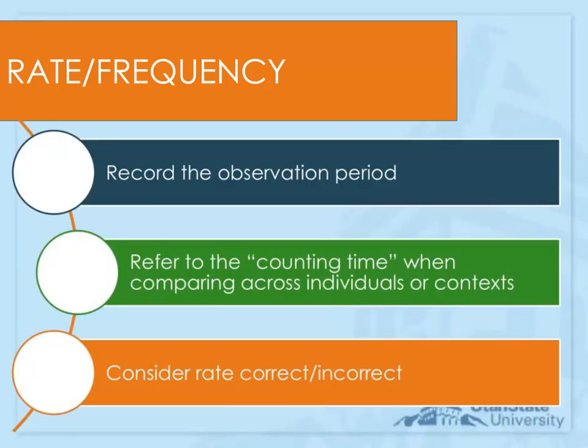So always be sure to record the observation period or time spent collecting data. Refer to this as counting time when comparing across individuals or environments. Lastly, you should consider collecting data on the rate of incorrect or correct responses, and this allows you to see patterns in acquisition or errors related to acquisition.